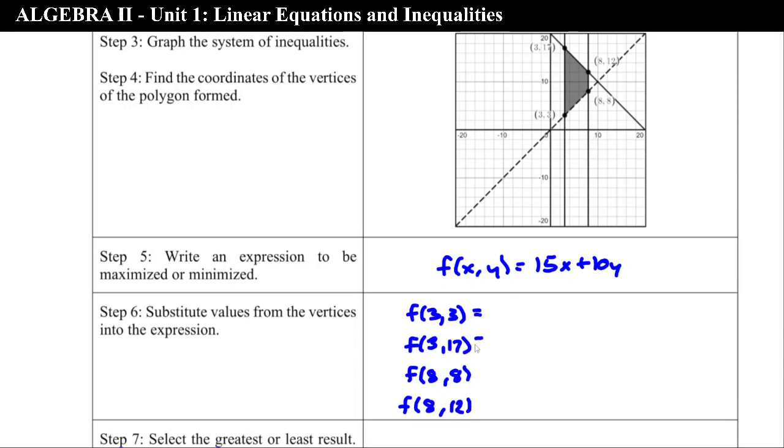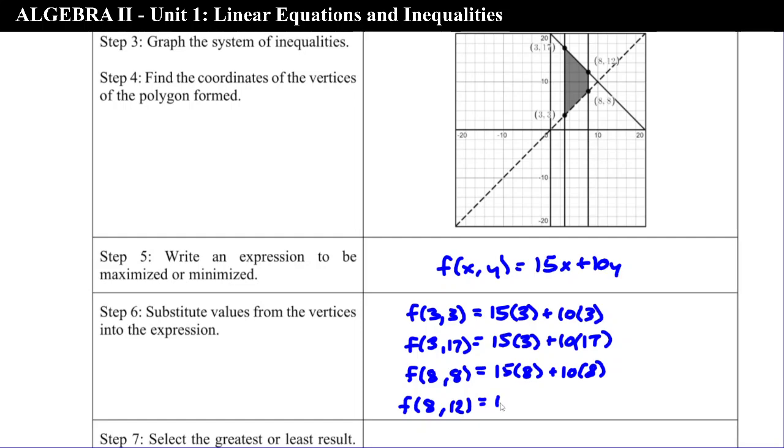Okay, so from here, all you're doing is plugging in. We're going to have 15 times 3 plus 10 times 3. You're going to have 15 times 3 plus 10 times 17. 15 times 8 plus 10 times 8.